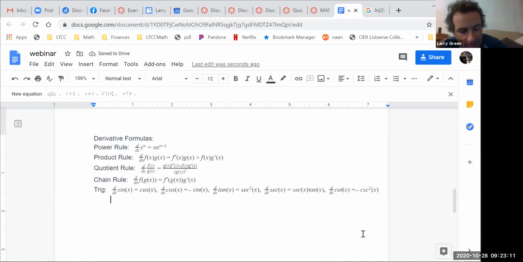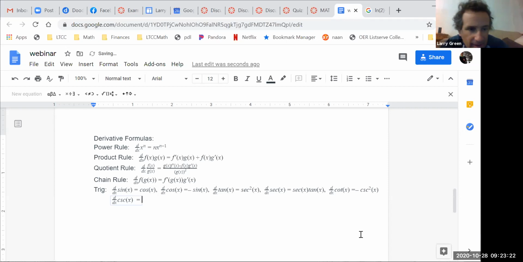So the derivative of the cosecant of x is equal to negative cosecant of x cotangent of x.